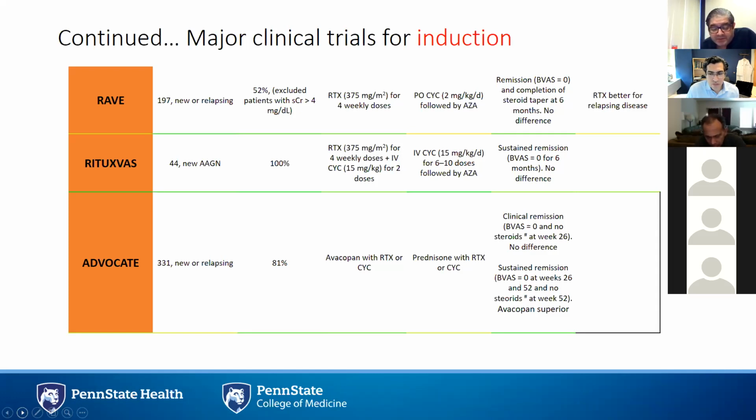Also, there are a couple of very recent articles looking at C3 levels in ANCA-associated vasculitis, and there's a subgroup of patients who have low C3. They are probably the most likely to have a salutary response to avacopan. So.